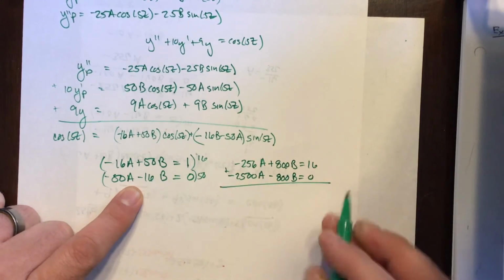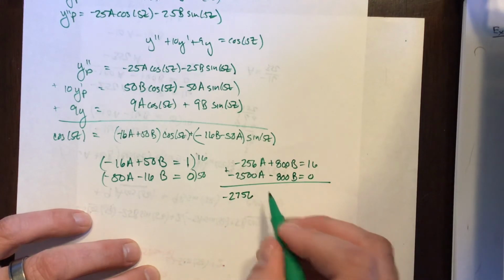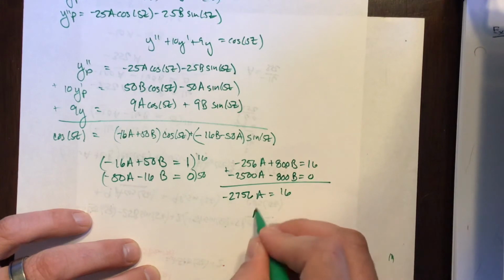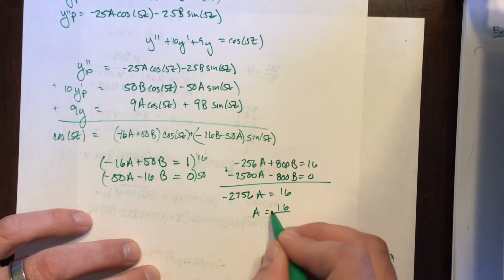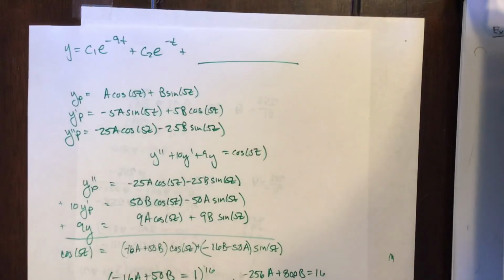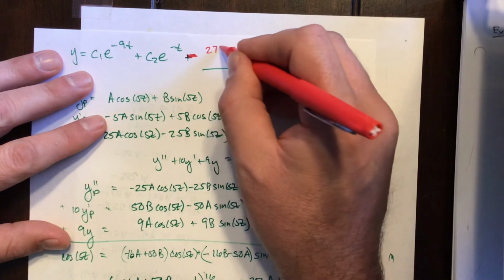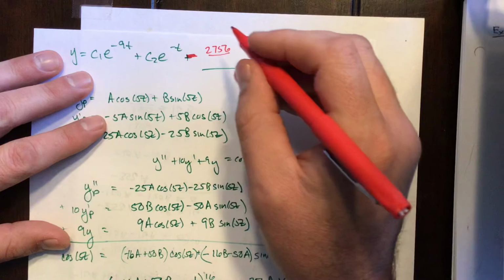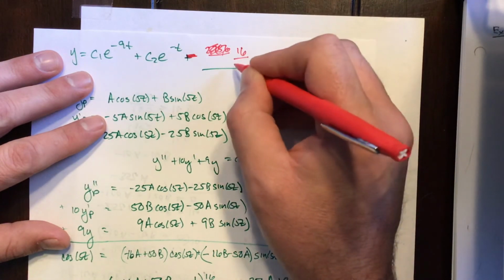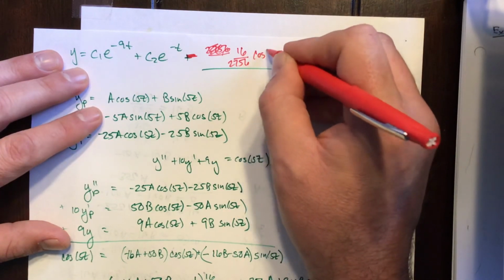So we add these together, we get minus 2756a equals 16. So a is equal to negative 16 over 2756. So that's minus 16 over 2756 cosine 5t.